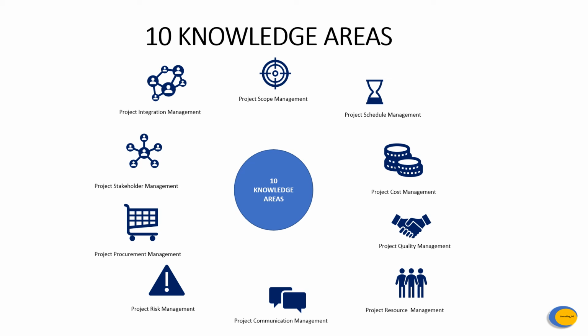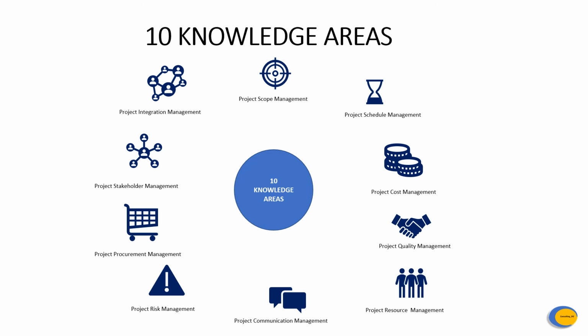Project communication management includes processes and activities that involve planning, collecting, creating, distributing, storing, managing, monitoring and controlling, and ultimate disposition of project information. Project risk management involves conducting risk management planning, identification, analysis, response planning, response implementation, and monitoring risk.